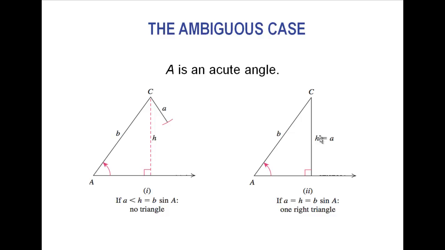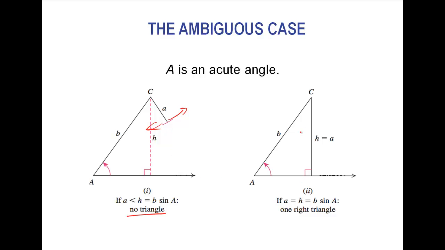A is too short. No matter what angle you let C be, right? If you can imagine the end of A is a pendulum and it can swing back and forth, it's never going to come down here and touch because it's too short. So no triangle if it's less.